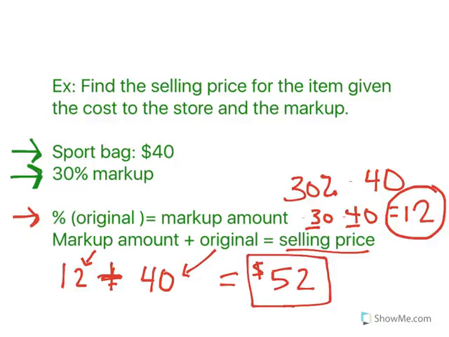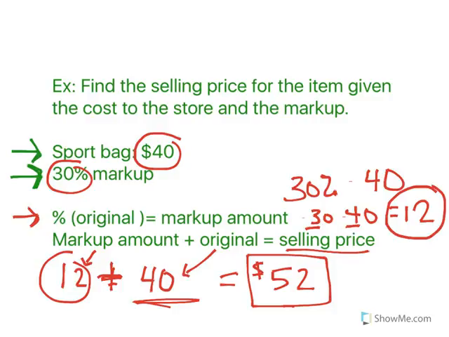So again, to find the selling price, you're going to take the cost of the bag, times it by your percent, and then take that markup amount and add it back to our original price of $40 to get our total of $52, which is what the store is going to sell that bag for.